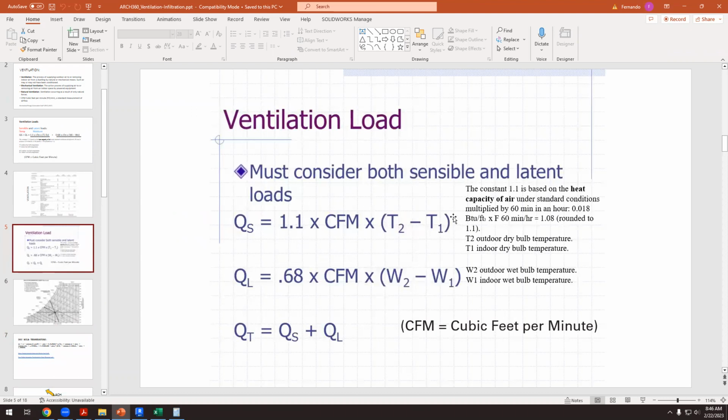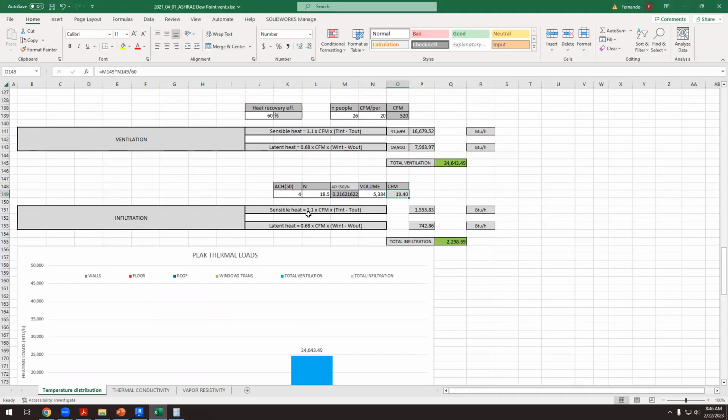This is indoor minus outdoor dry bulb temperature, and this is indoor minus outdoor wet bulb temperature. In this Excel file, I have these formulas: this is the sensible, this is the latent, and this is the total infiltration load.